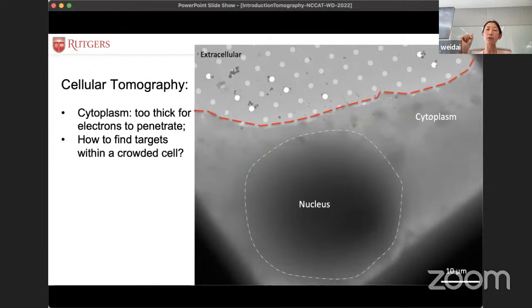For you to be able to track down your target in a very complex cellular environment, there is a new technology called correlative light and electron microscopy, okay? So the two challenges for cellular tomography are, one, thickness, number two, target tracking. To fix the thickness problem, we have a technology called focused ion beam. To overcome the second challenge, we have a technology called correlative light and electron microscopy.